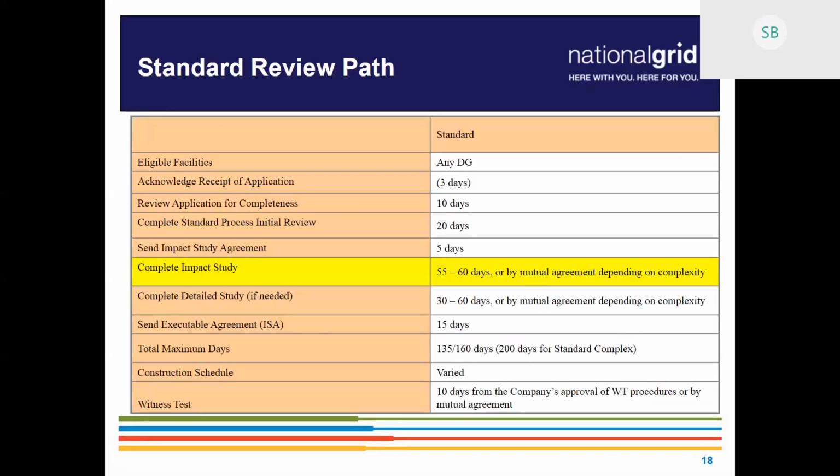ESB 756 is the place to refer to for all of National Grid's interconnection requirements. There are several appendices to that. There's ESB 756 main, which talks about all generation interconnection, and then the appendices.